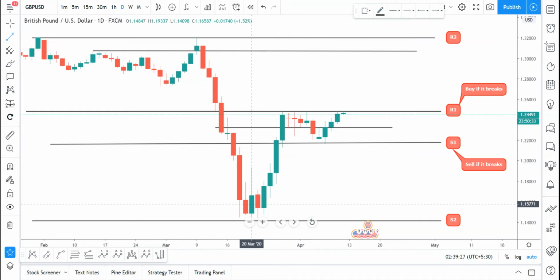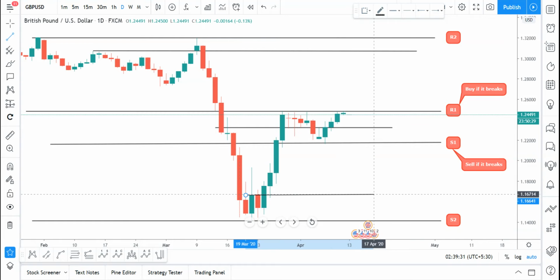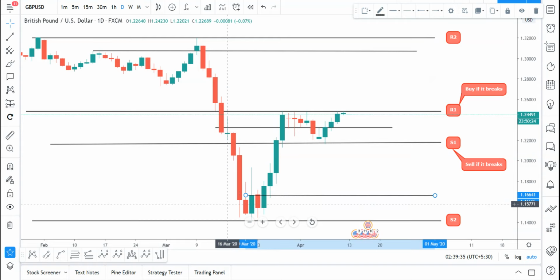And in this case, we should look to put the target at this area, because this is the area from which it sort of broke out of this region, right? This is a mini resistance, you can see, in the sense of the bodies of these candles, and it broke out, and it is also sort of far from the support. So this is our target in case of the short trade.